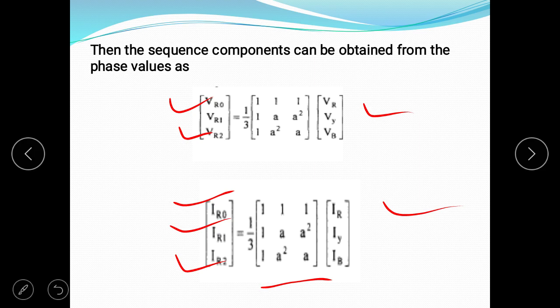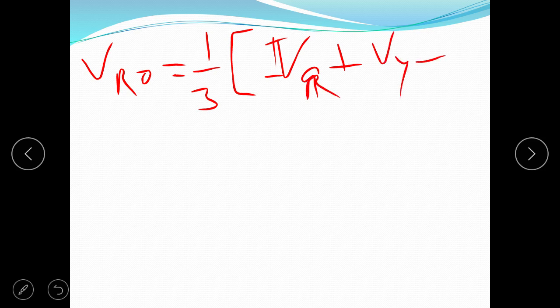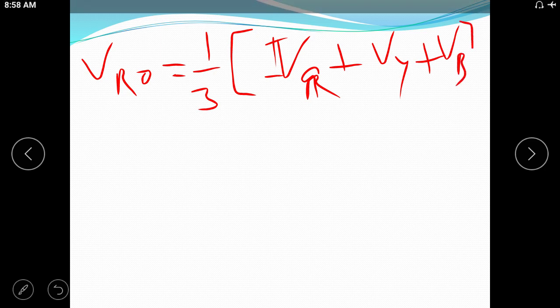So if we want to find the value of the zero sequence component for voltage, that is VR0, it is equal to, from the matrix, 1/3 of VR plus VY plus VB.